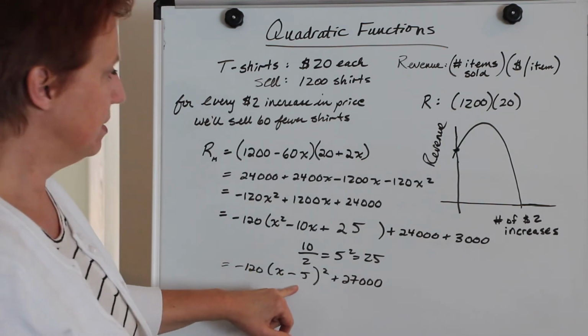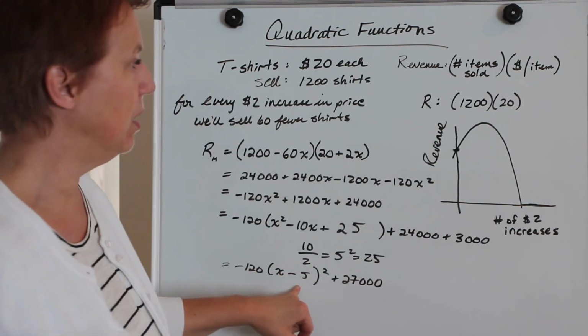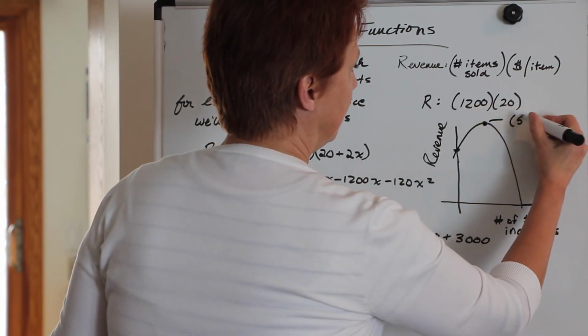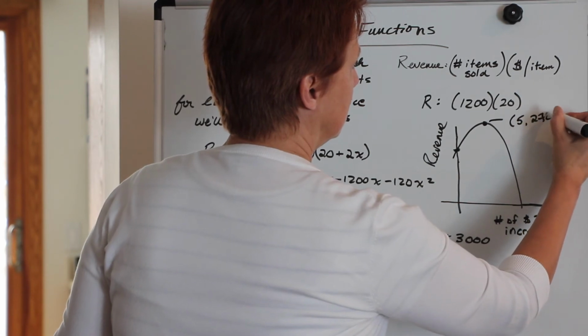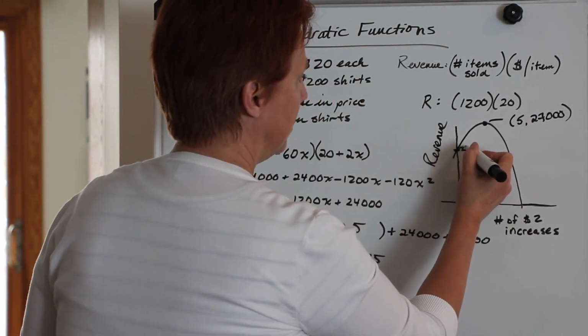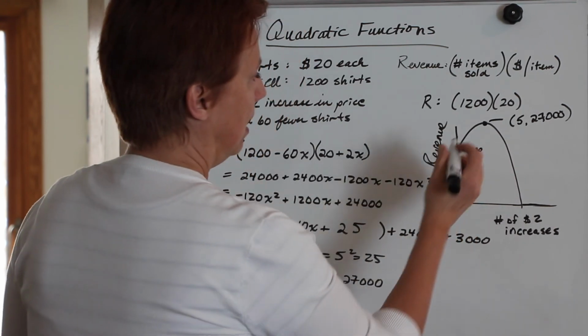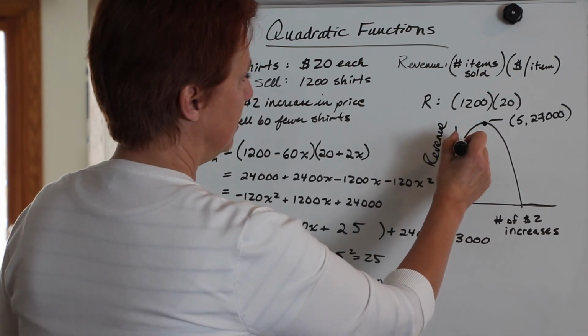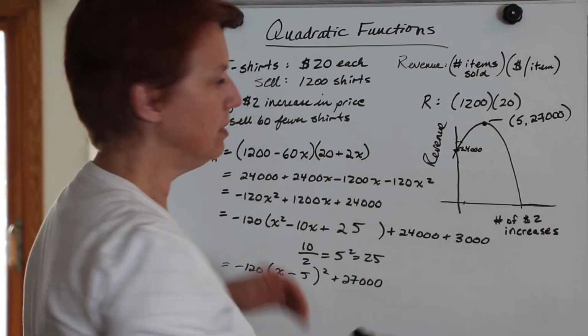Now what this tells us is that there should be 5 $2 increases, because the vertex is 5, 27,000. Remember this is 24,000 right here. And then if x were one $2 increase, remember the amount was 25,090, was it?